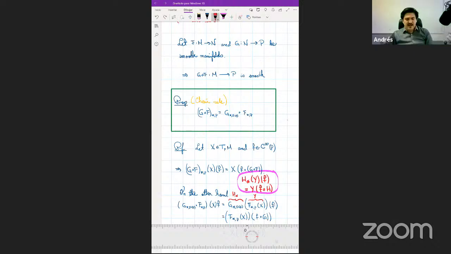Now, again, let's see our result to see that everything makes sense. So X is a tangent vector on M. Then all of this is a tangent vector on N. And the base point is going to be f of p.